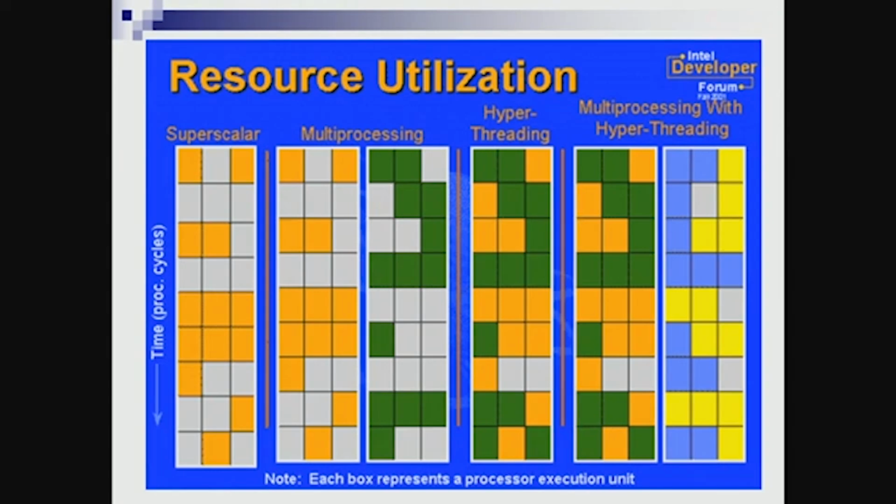Today we are looking at multiprocessing with hyper-threading, which makes much more sense, wherein you have a green, a yellow, an orange, a blue and a yellow, a set of four types of programs. As you move from the left to the right, the number of white blocks significantly reduces, and this is one of the ways by which I could get better performance for my workloads.